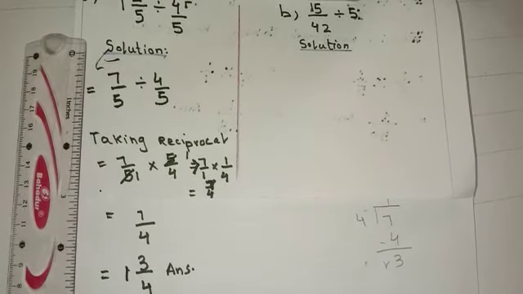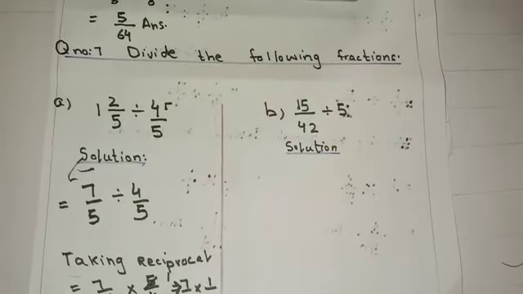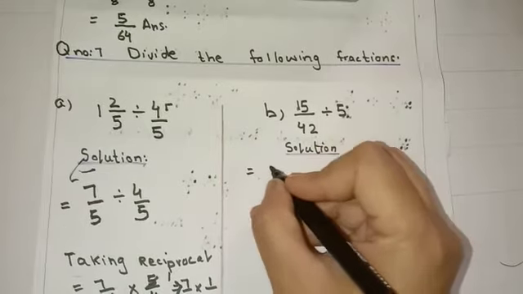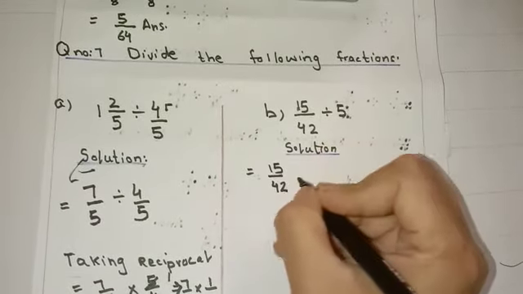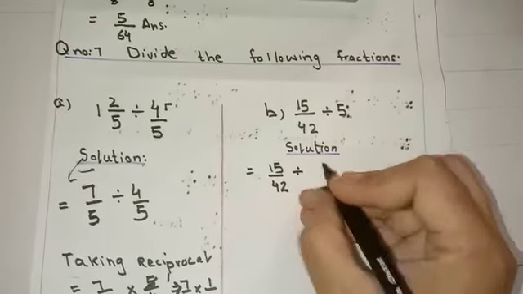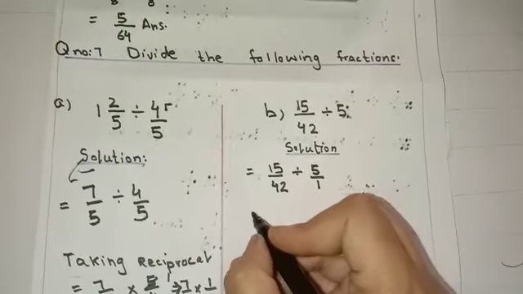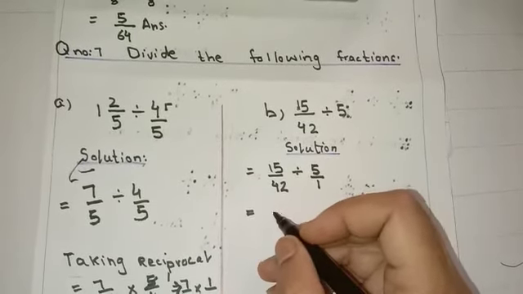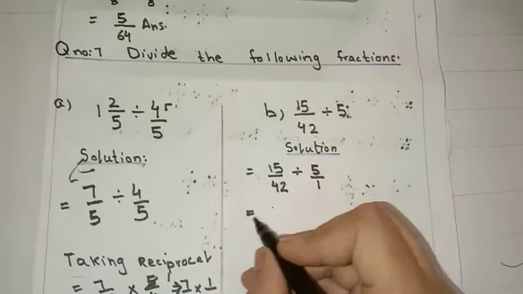Let's see the B part. B part is 15 over 42 divided by 5. Now 15 over 42 divided by 5 over 1. After taking the reciprocal, when we do cutting individually, it will make our questions shorter and we can easily multiply them at the end.